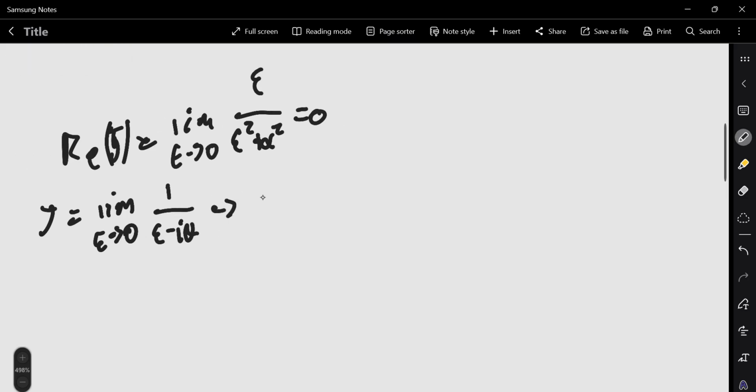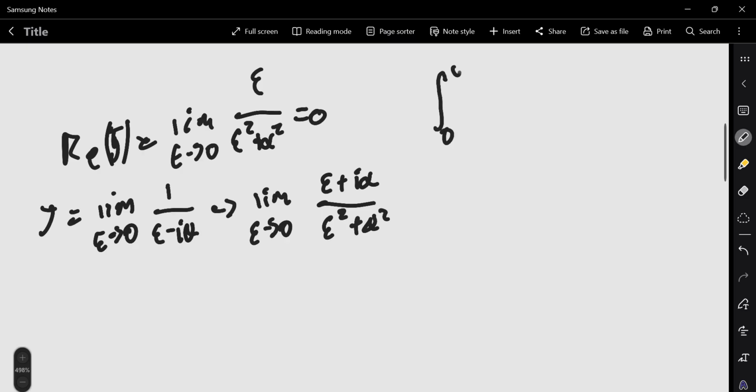Then we've got epsilon plus i alpha over epsilon squared plus alpha squared, because we're taking the real part. And as epsilon goes to zero, this tends to zero. So effectively, this integral between zero and infinity of cos of alpha u goes to zero, in the regularized sense, is what we were saying.